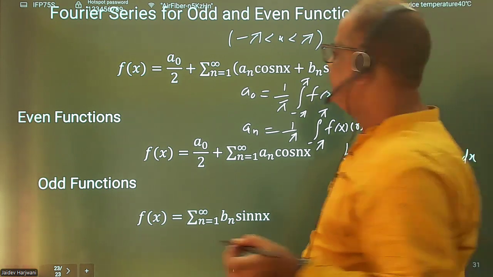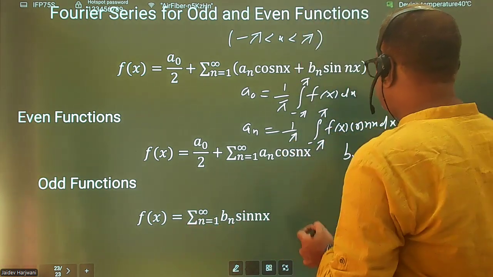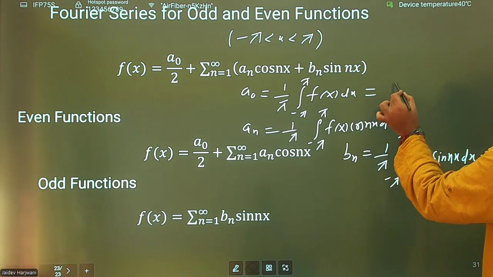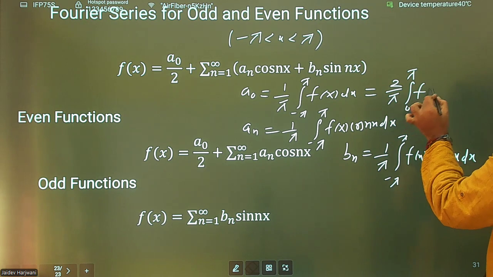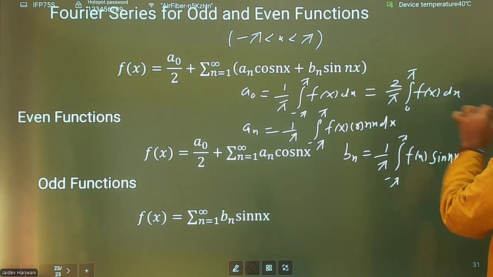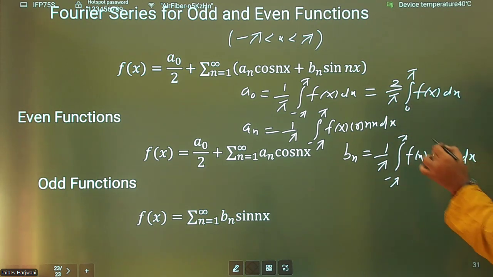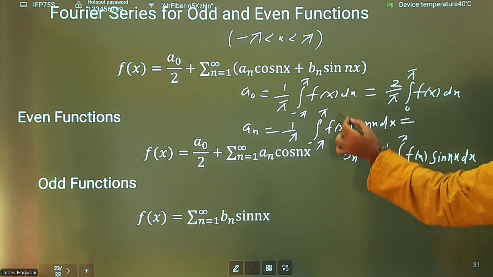Now, if the function is even, this a0 I can write as 2 upon pi, integral from 0 to pi of f(x) dx. Similarly, an can also be written without integrating from minus pi to pi.